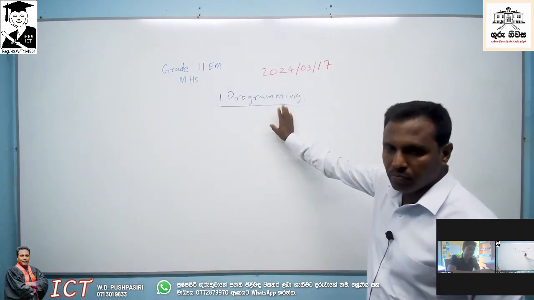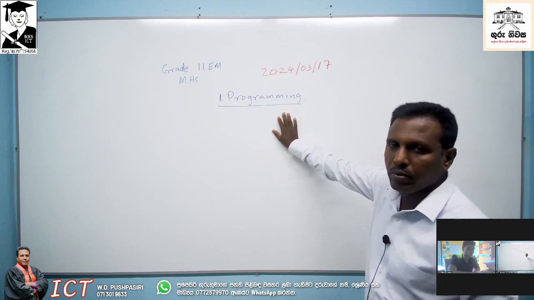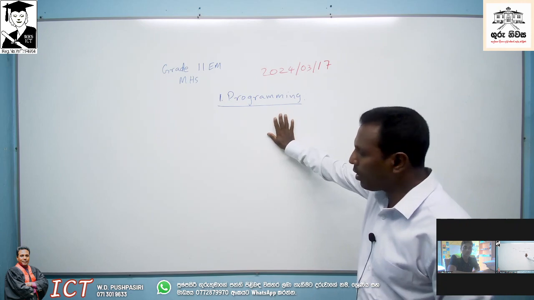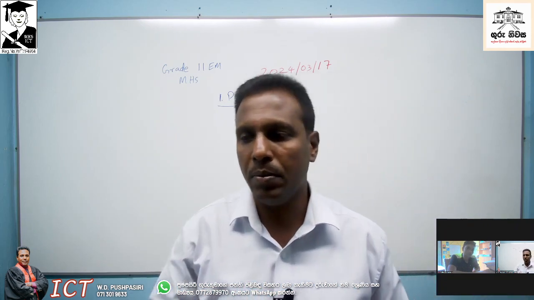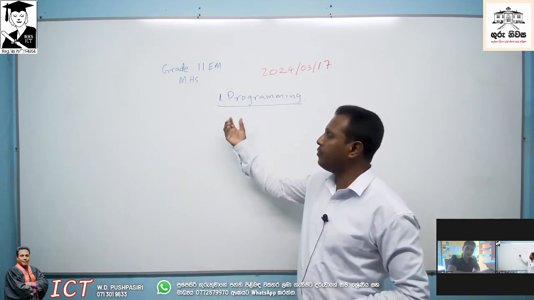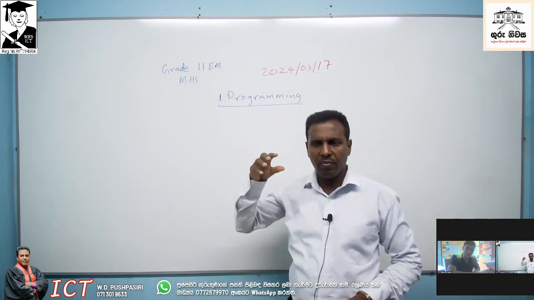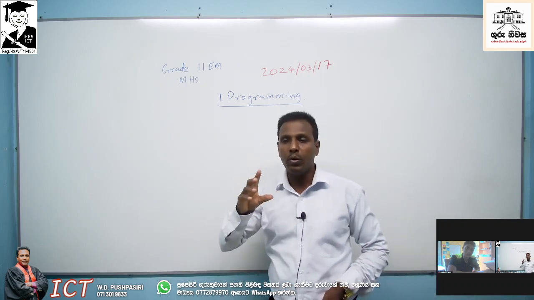Programming, what do you mean by programming? In short, I can say programming is solving problems. There are many definitions, but in shortened form I can just say programming is solving problems.